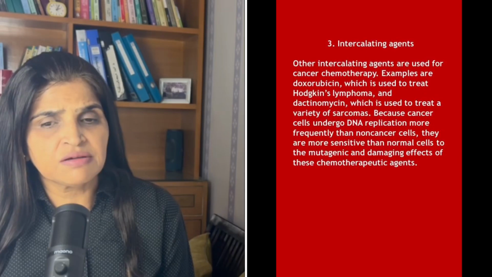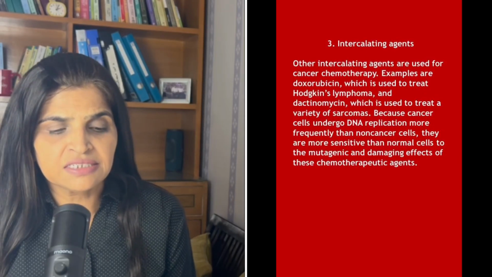Because it's a fluorescent agent, it is used commonly to visualize the presence of DNA in the gels, meaning for identification of the DNA visualized by fluorescence. So ethidium bromide is one intercalating agent, and there are a few other examples which I could use.